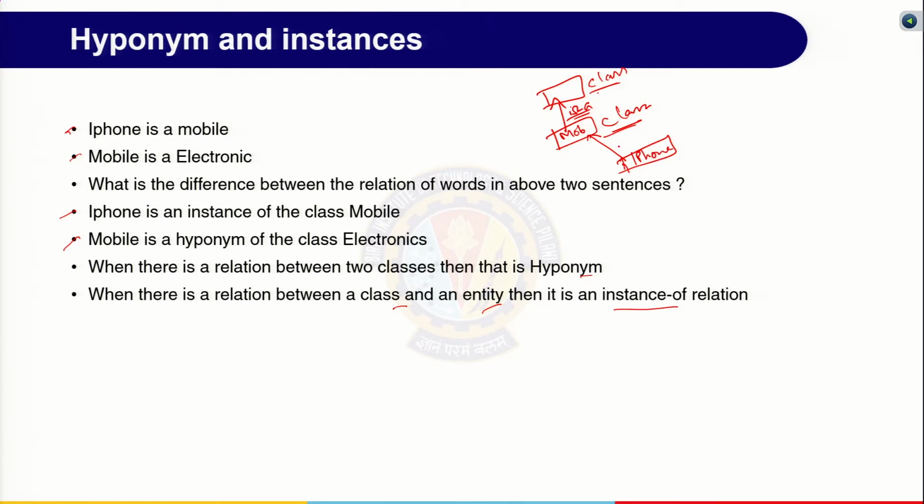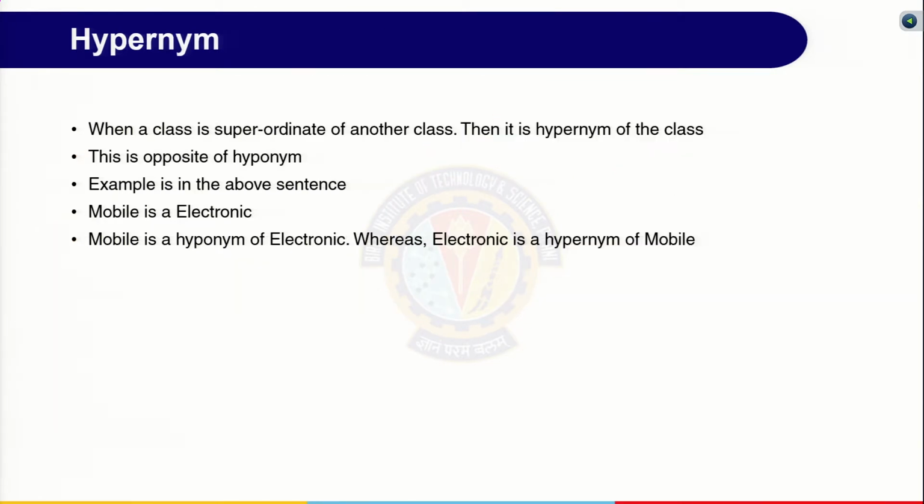Such objects would be connected with an "instance of" relation. So once we understand this concept, we can say that only the subclass relations are referred to as hyponyms, but not the instances. Hypernym is the opposite of hyponym. When we say mobile is a hyponym of electronics, then electronics is a hypernym of mobile.